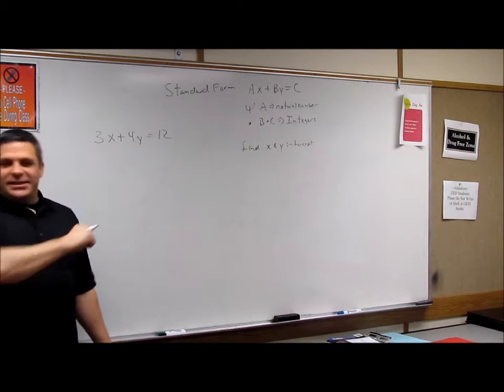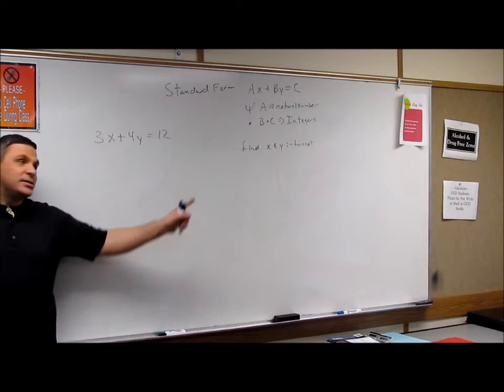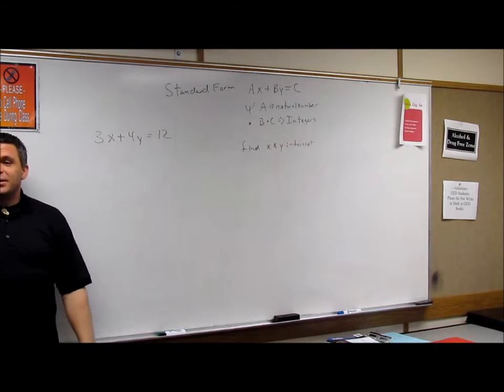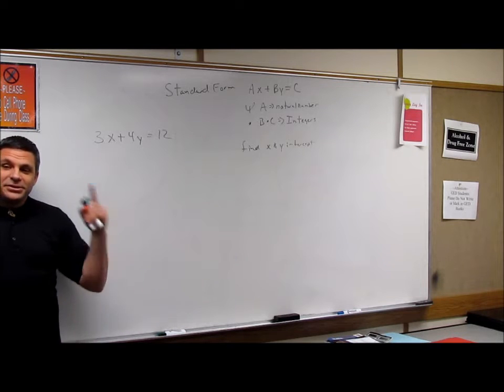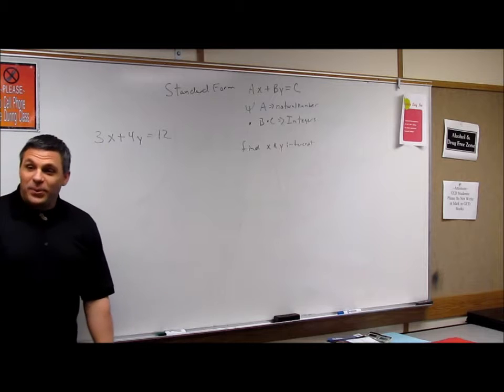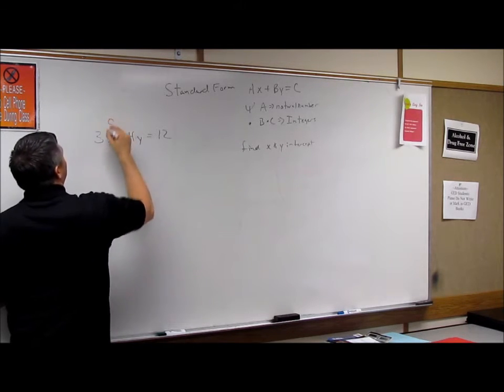What's the easiest number you can plug into x to make this a really neat, easy equation? 1 seems easy, but there's an easier one. 0. Well, what does 0 do? It gets rid of it, right?